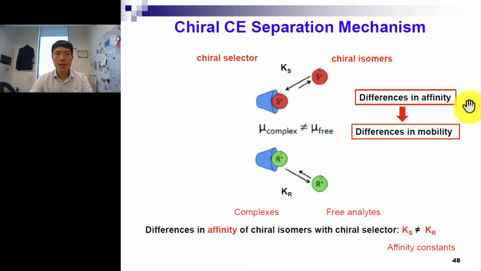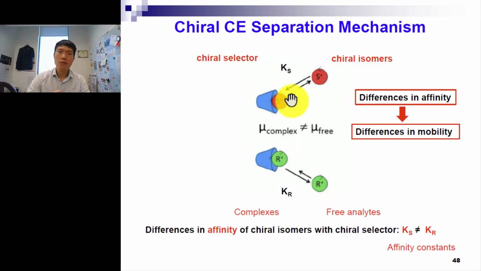Here is a schematic diagram showing the capillary electrophoresis chiral separation mechanism. You have this CD here, remember this cone shape. When you have your S and your R isomer, there's a difference in affinity towards the cyclodextrin.